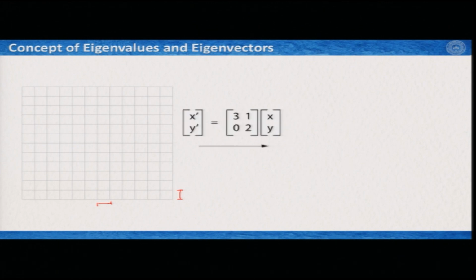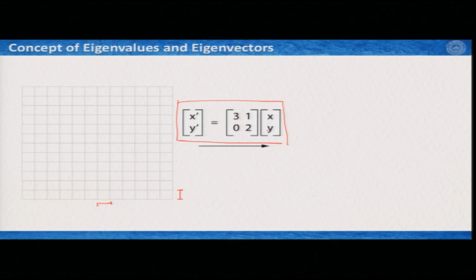So, if I apply this deformation to this grid, what does this equation written in matrix form tell us? It says that x prime and y prime are a column matrix, then there is a 2 by 2 matrix 3 0 1 2, and then x y is another column matrix.